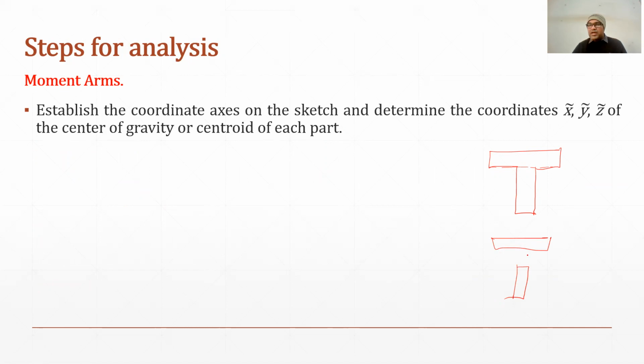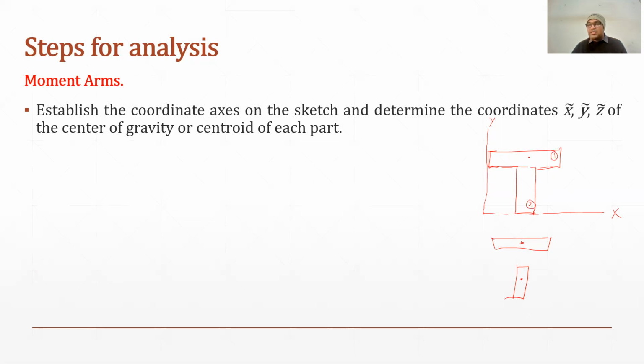Then we are supposed to find out their x approx, y approx with reference to the x and y axis. Which means we have to first put the whole diagram on the x and y coordinate system, and then we consider this as rectangle 1, rectangle 2.